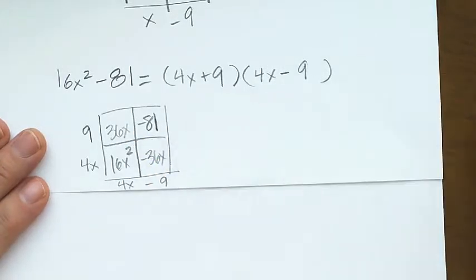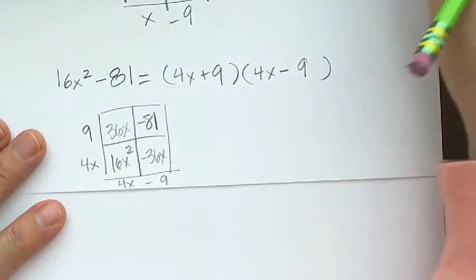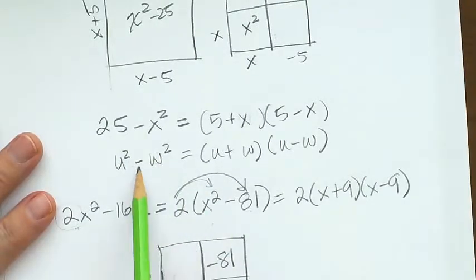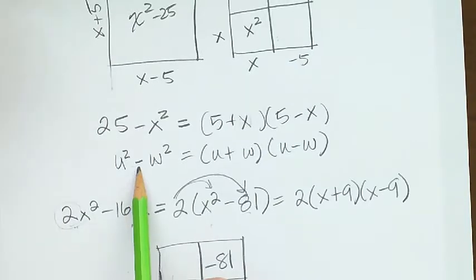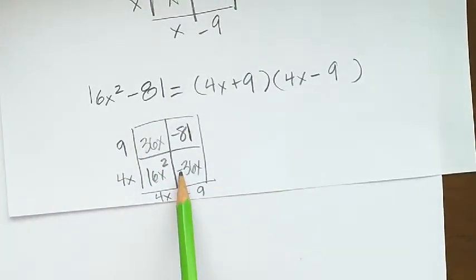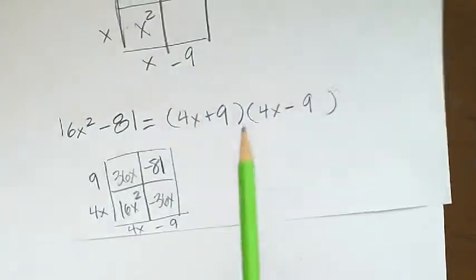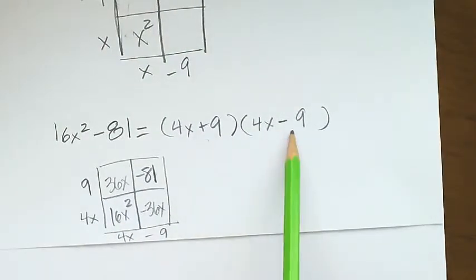These would cancel out. So that's the reason this only works for a difference of two squares. If this had been a plus sign, then those two terms wouldn't cancel each other out. You have to have a positive times a negative right here. Okay, that should get you through difference of two squares.